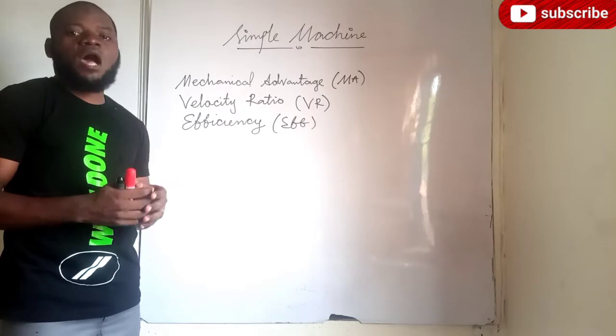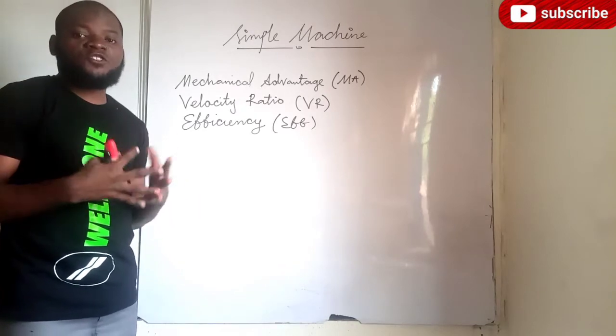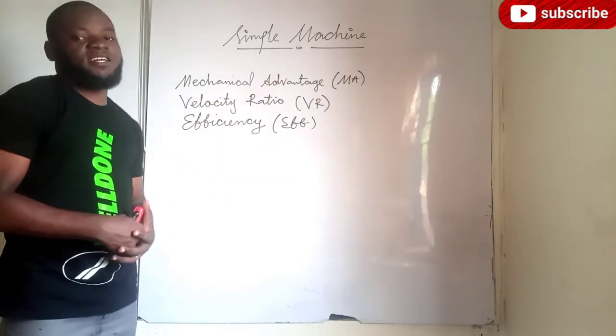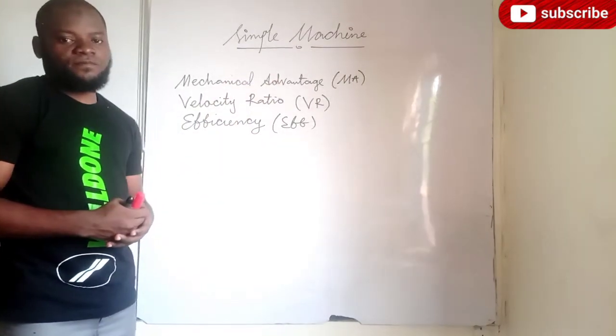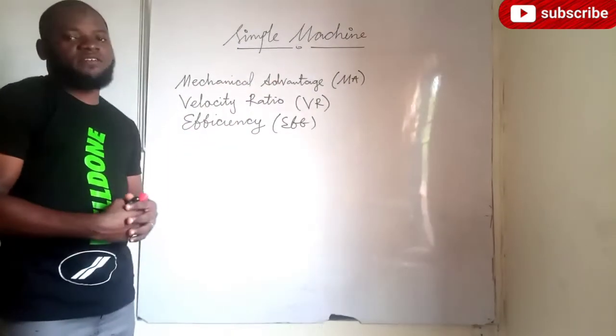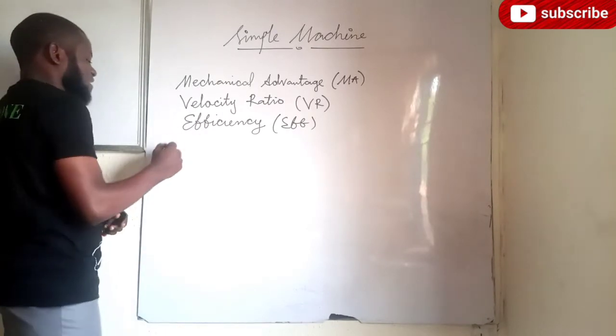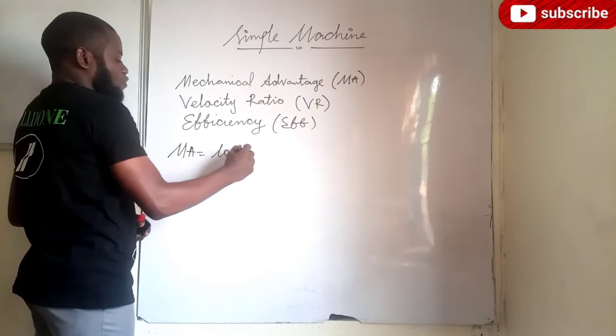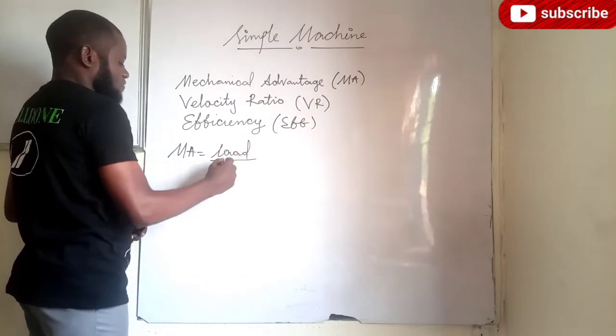If you want to know how effective a machine is, or the amount of work that has been done by a machine, you can justify that with these properties. Now, what is mechanical advantage? Mechanical advantage is given as the ratio of load divided by the effort.